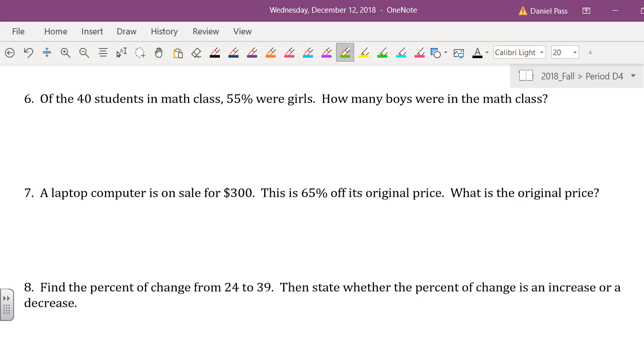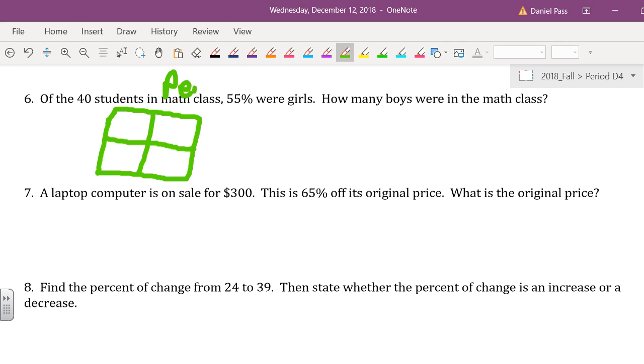Okay, what do you want to do? How can we solve this problem? Can I do a proportion? Yeah, she's going to do a proportion, so I'm going to write down my little square here. The percent goes here.